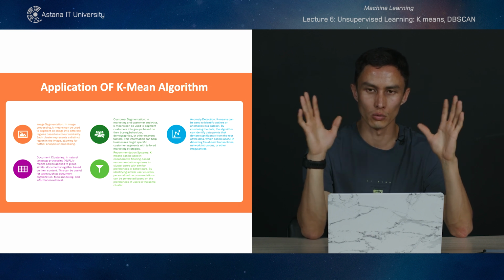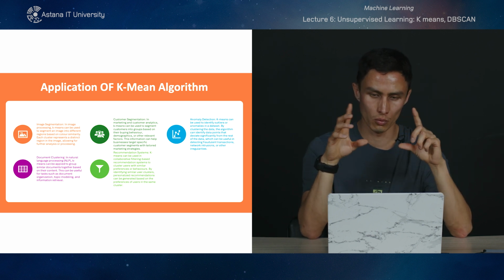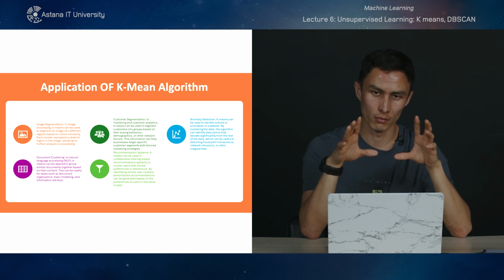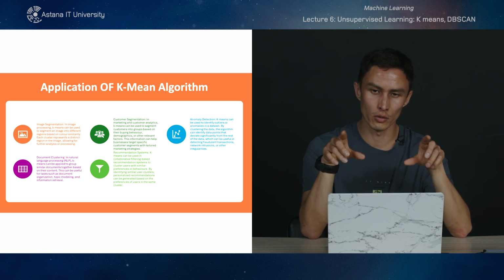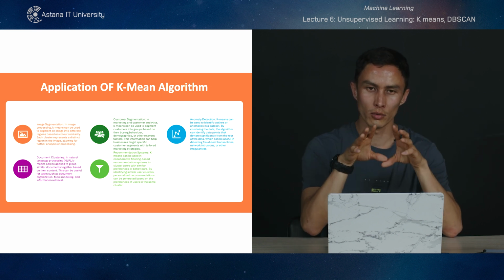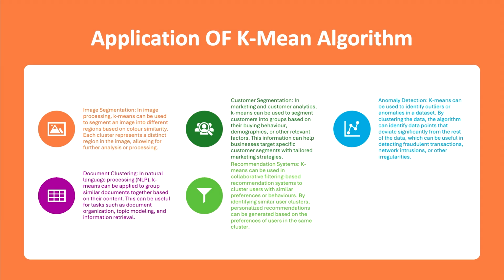For example, you want to identify the edge of a human in an image of the human, and some other surrounding objects. In such a case, for example, the k-means algorithm can be used.